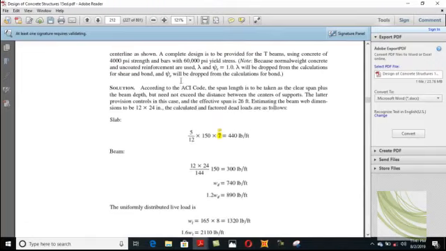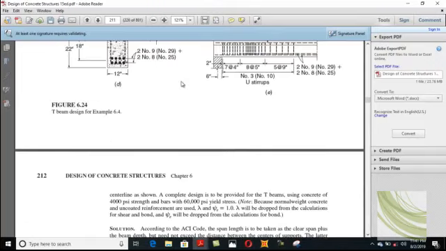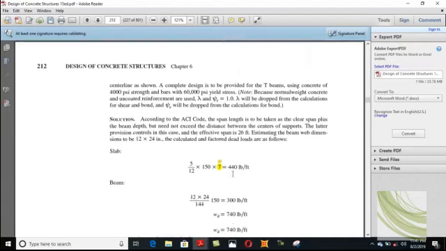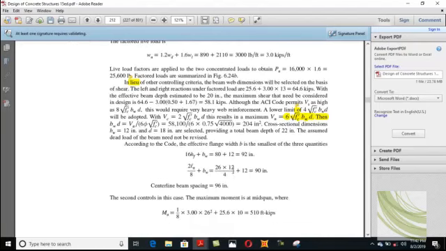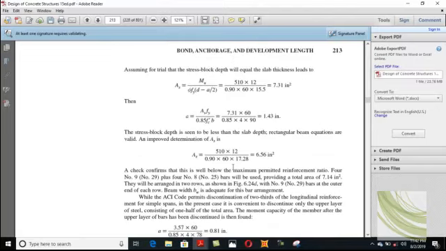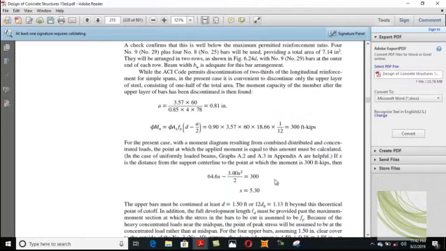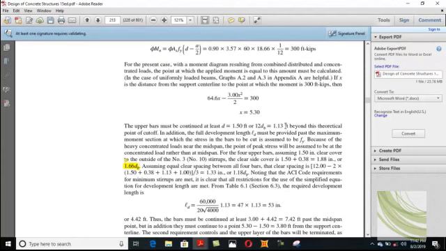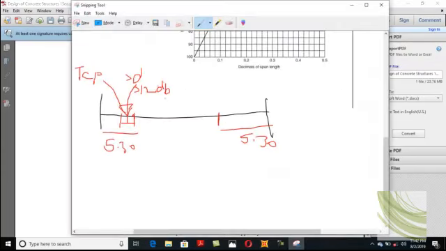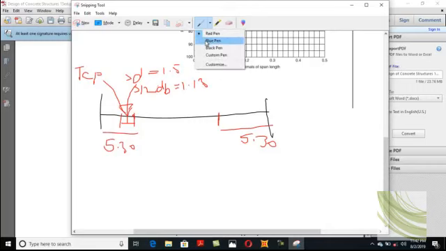So 18 inches is equal to 1.50, and your 12 db is equal to 1.13. So you have to select the maximum. That gives you 1.5 and this 12 db gives you 1.13. So what will you select? You will select this one.